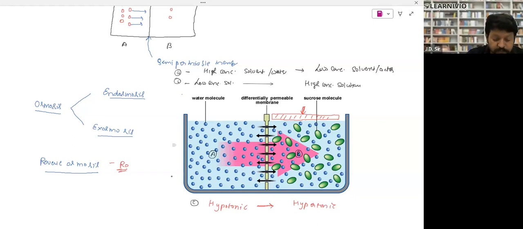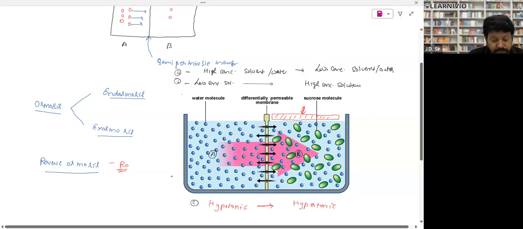The movement of water from its higher chemical potential to its lower chemical potential takes place through a semi-permeable membrane, and this is osmosis.